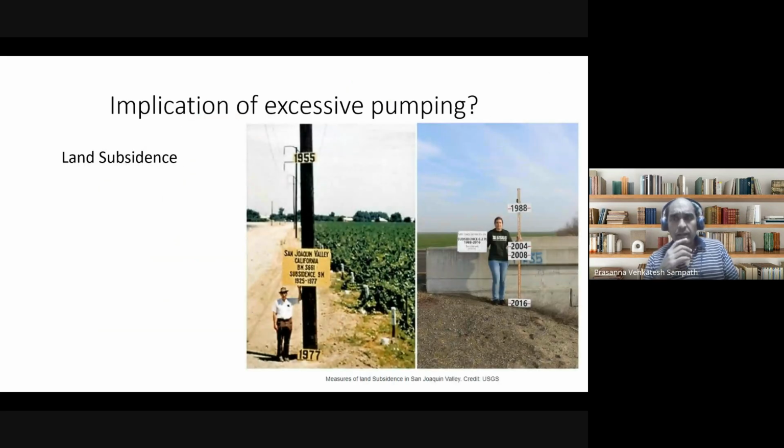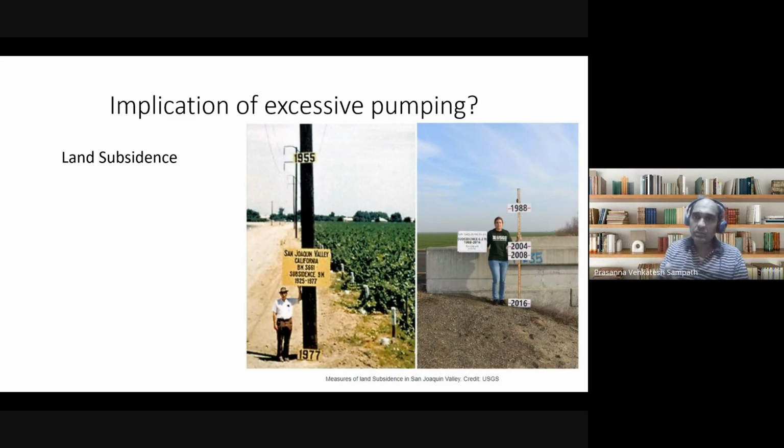I also showed a few pictures of the implication of this excessive pumping, which is land subsidence, right? As the confined aquifer keeps getting compressed further and further, over a substantial amount of time the land surface actually starts to subside because the aquifer is getting compressed underneath.